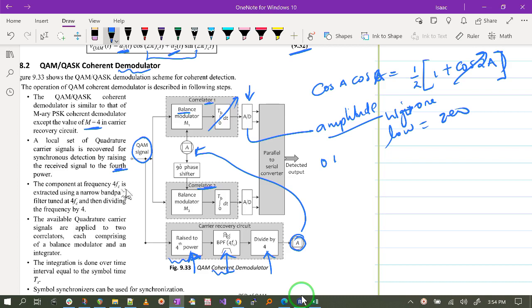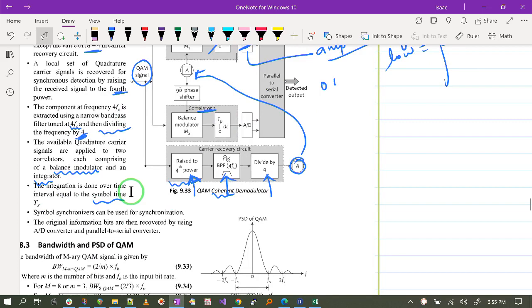Then the component at FC is extracted using the narrow bandpass filter tuned at 4FC, and then divided by 4 to get our coherent carrier signal. The available quadrature carrier signals are applied to two correlators, each comprising a balanced modulator and an integrator. The integration is done over a time interval equal to the symbol period, and therefore we receive our analog signal, which is taken through the analog to digital converter, giving us our binary data sequence.